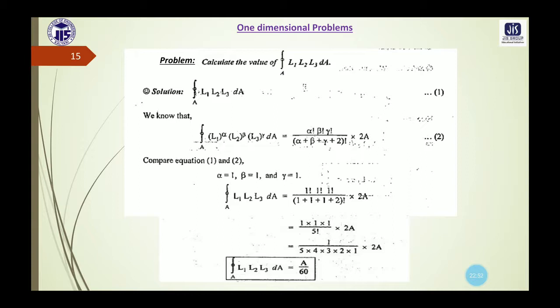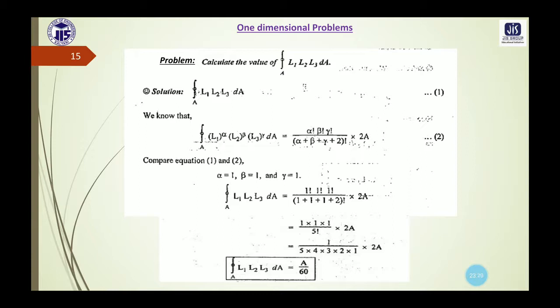So what we have done here: we have written the formula for the two-dimensional form of the natural coordinate system, and we have compared the values of alpha, beta and gamma with the given numerical. There we have seen that the values of alpha, beta and gamma are actually 1.